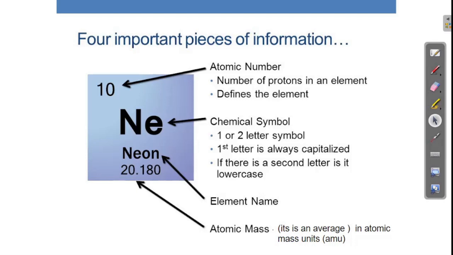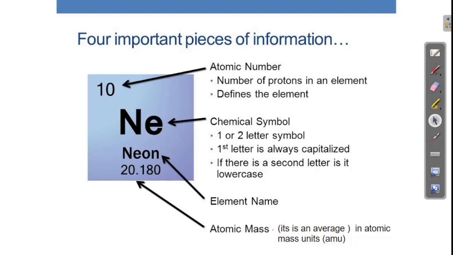The atomic mass is not in grams. That should make sense to you. Atoms are very, very tiny. So the atomic mass is measured in what's called the AMU. AMU is just atomic mass unit. It's a unit specific to measure the mass of atoms. That's all it is.